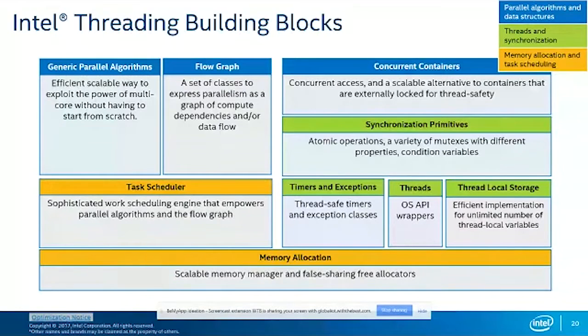Basically, we provide different kinds of functionality for different application domains. And from another point of view, we also have threading libraries. That means if you want to develop multithreaded applications yourself, we also offer threading libraries that can help you resolve some threading-related problems.